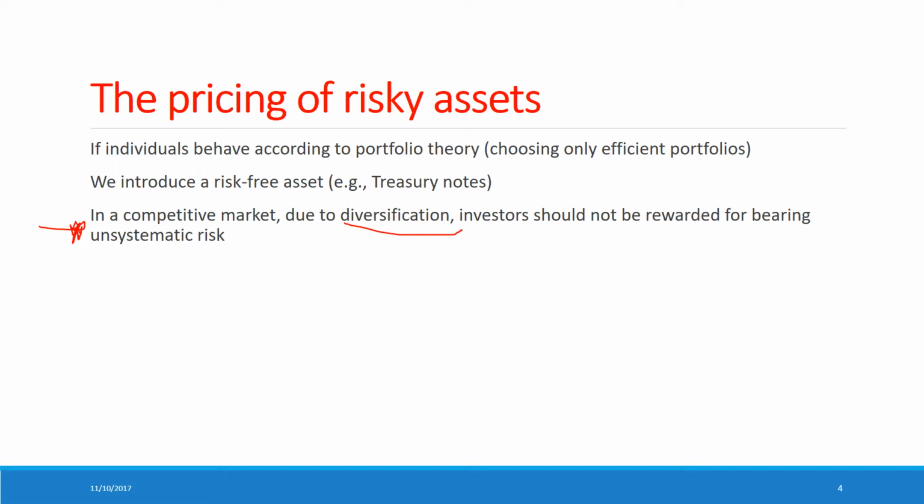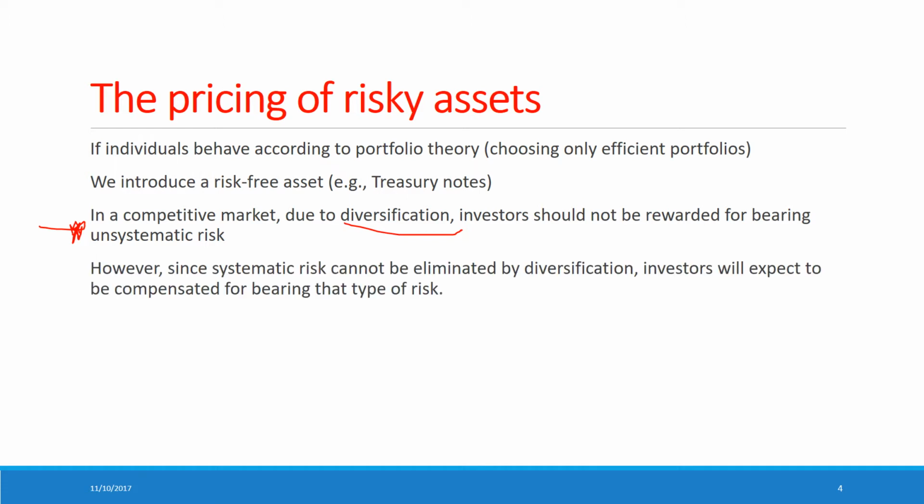So unsystematic risk is risk that the investors can diversify away by combining different assets that have less than perfect correlations. Systematic risk is the type of risk that cannot be diversified away. So it is the systematic risk that investors care about, right? Because they can't diversify that away. So since systematic risk cannot be eliminated by diversification, investors will expect to be compensated for bearing systematic risk as opposed to unsystematic risk.